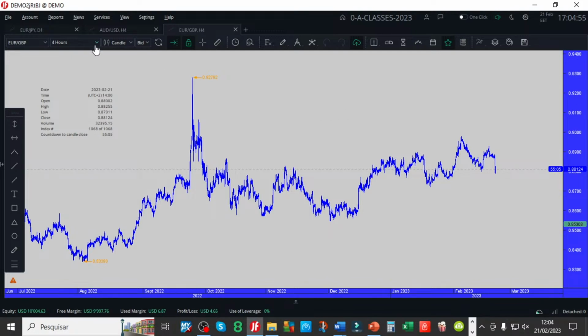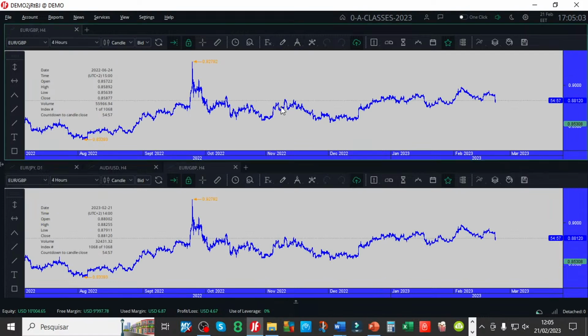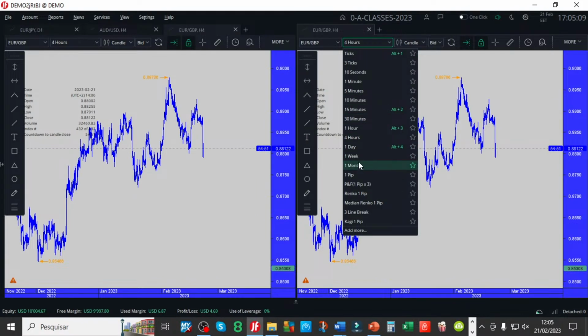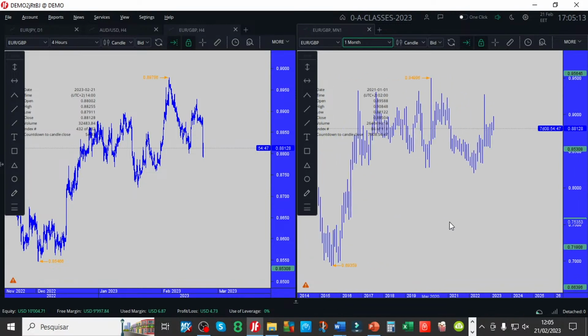Now, Euro GBP is a little bit different than the other ones because on the monthly chart it is locked in consolidation.